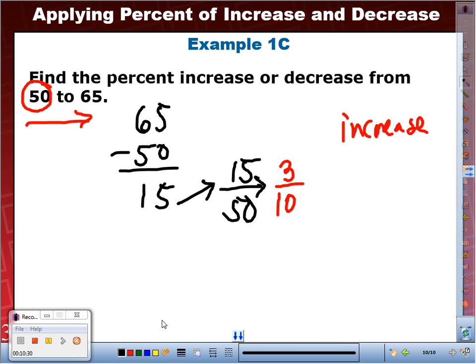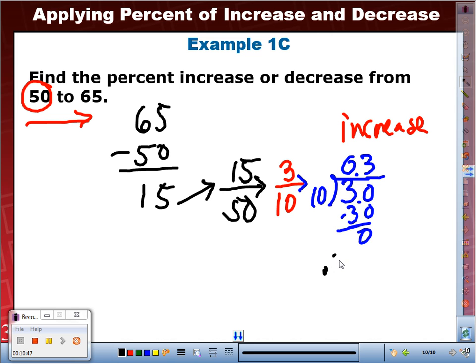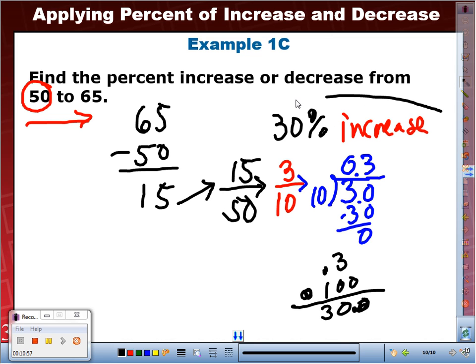At that point, we do the division to find our decimal. 3 divided by 10, it doesn't fit in there. Fits in there 3 times. And we're done. To change it into percent, we multiply 0.3 times 100. 1, 2, 3, 1 decimal place. So this is 30% increase.